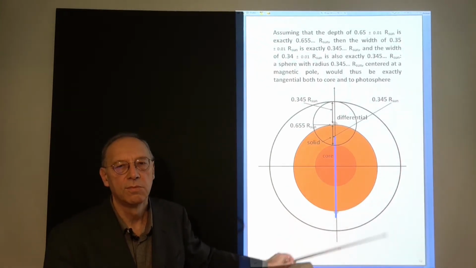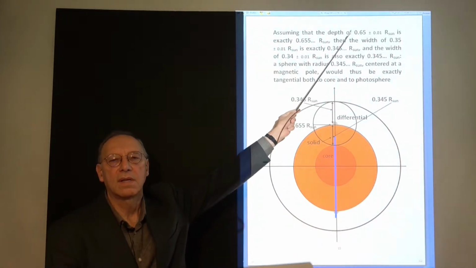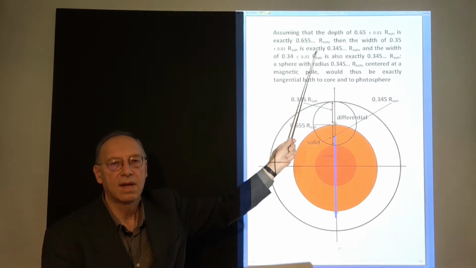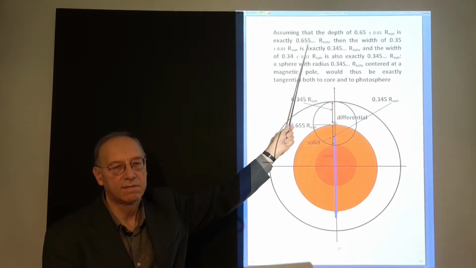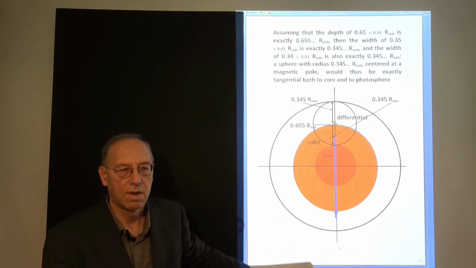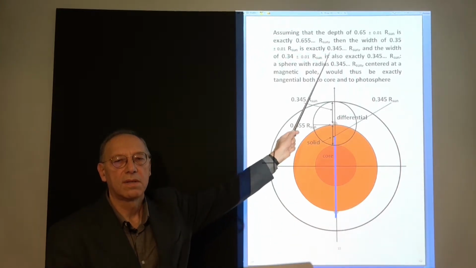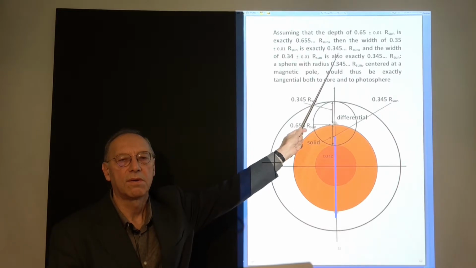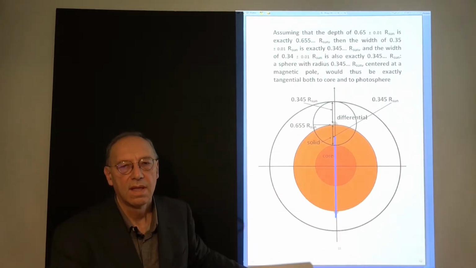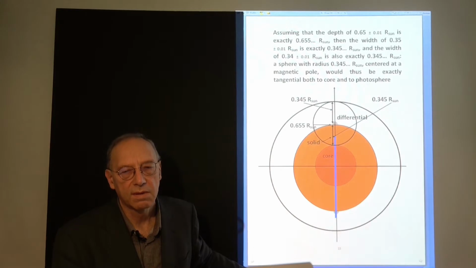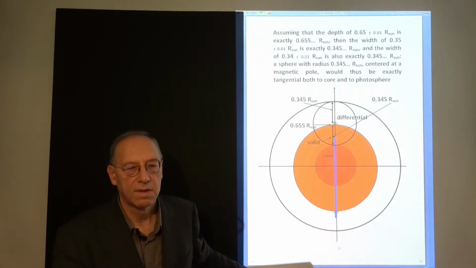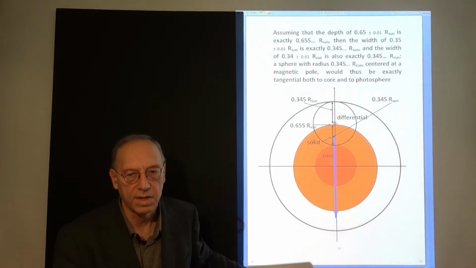If we now assume that the depth defined as follows is exactly 0.655 times the solar radius, which is well within the error bars, then we have to have also this exact width for the inner shell, and both of the shells will have exactly, with 3 significant digits, the same width of 0.345 times the solar radius.